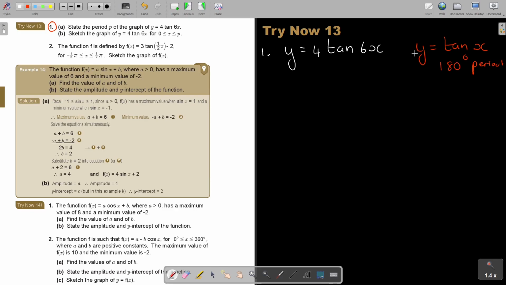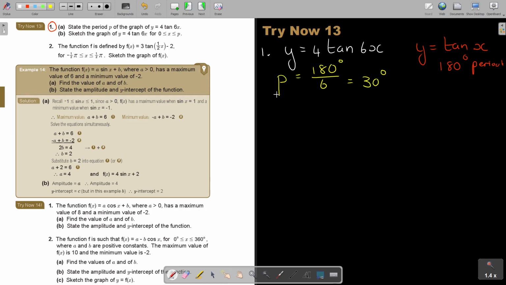Don't forget, a sin x graph is 360 and a cos x graph is 360, but a tan is 180. So to find the value of P, I take the period 180 and divide it by 6, and I get 30 degrees.